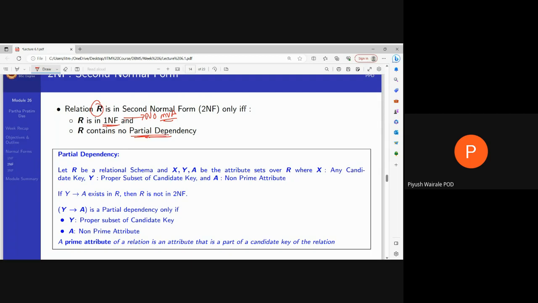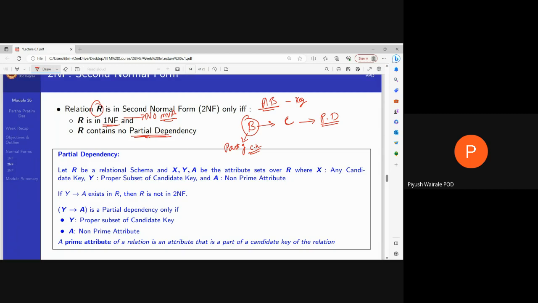Suppose in the earlier example we found that AB is a key, and we have functional dependency B determines C. This B is a part of the candidate key, a subset of the candidate key. Then B determines C will be called a partial dependency, right?